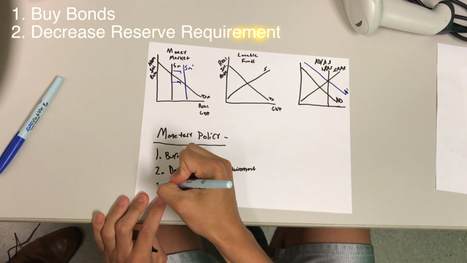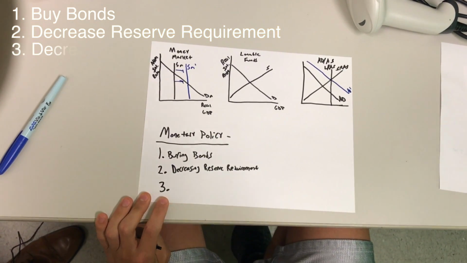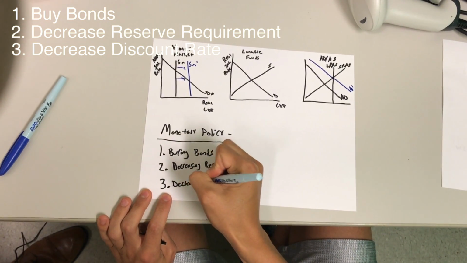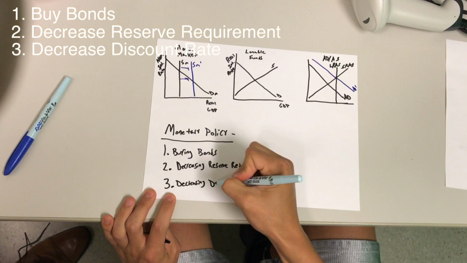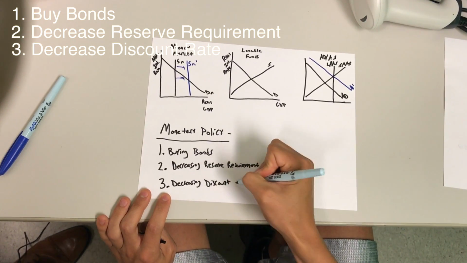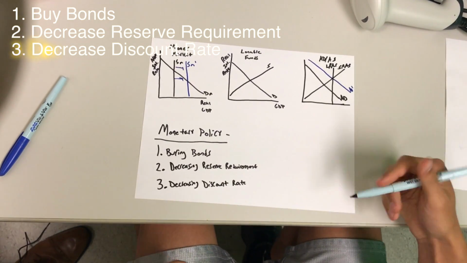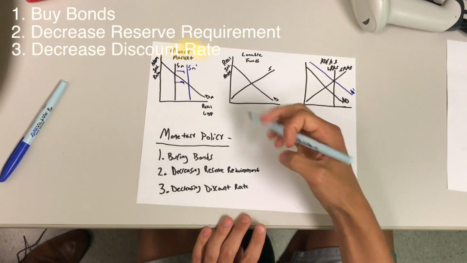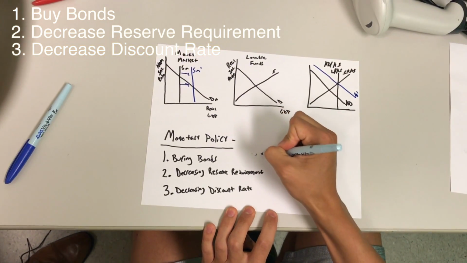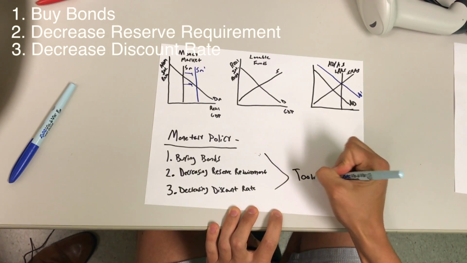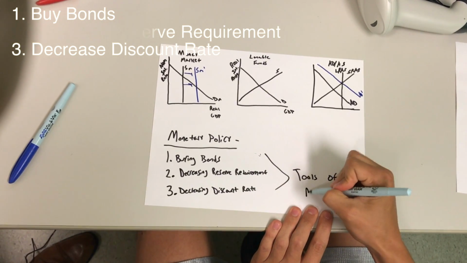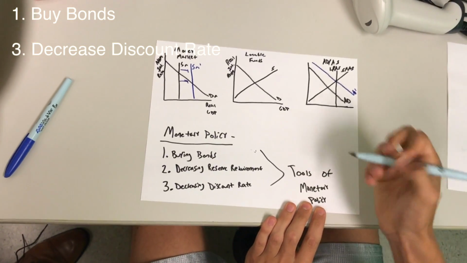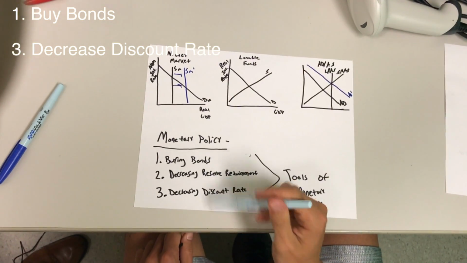And the last thing is decreasing the discount rate, which will result in the same thing happening. So all three of these are tools of monetary policy. Alright, and this is all for closing a recessionary gap.